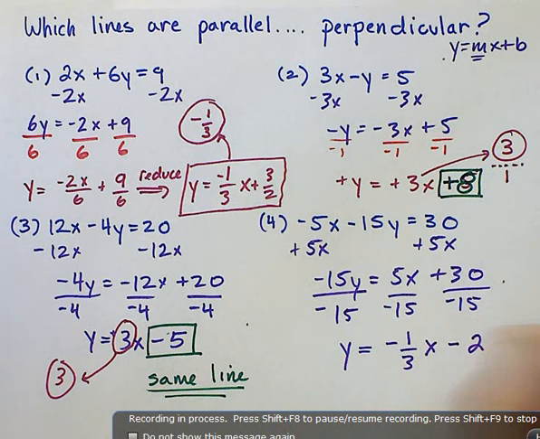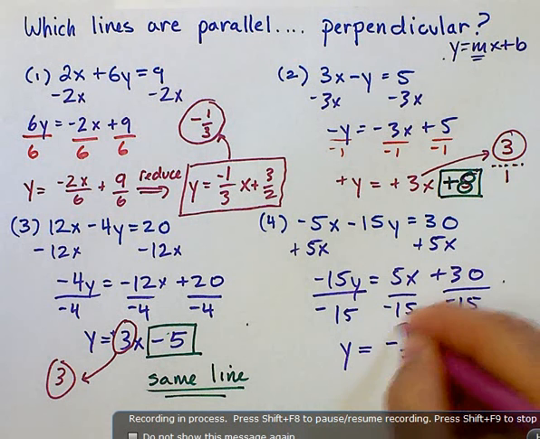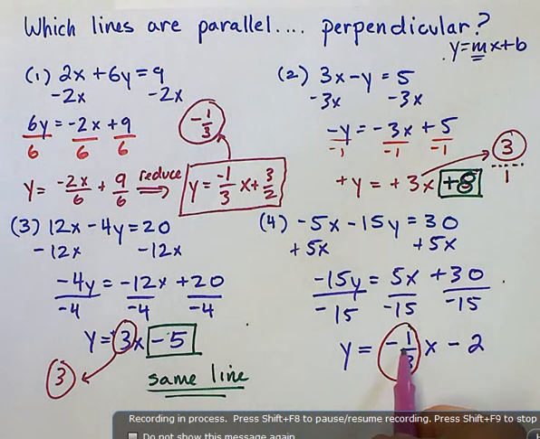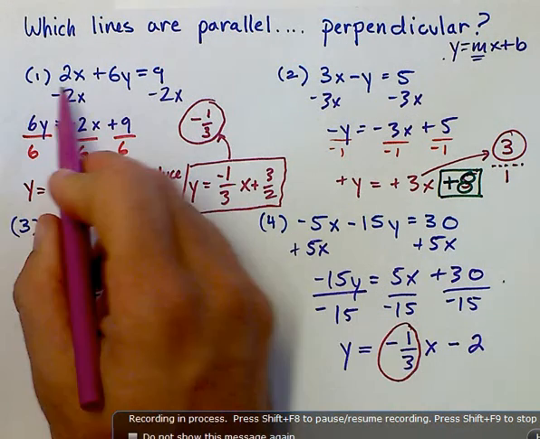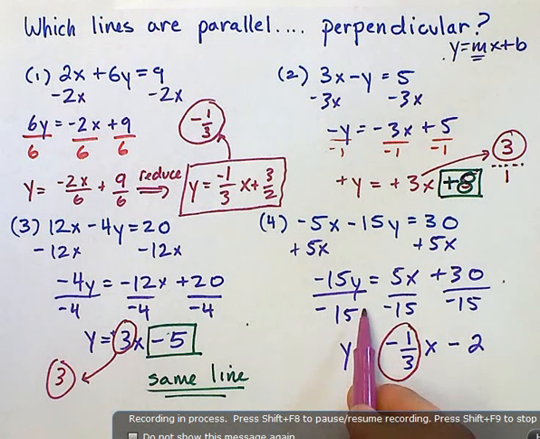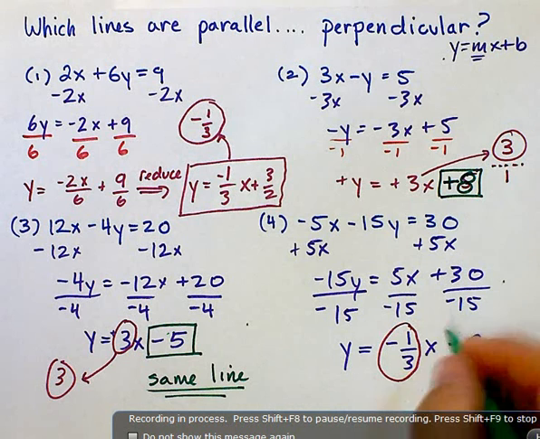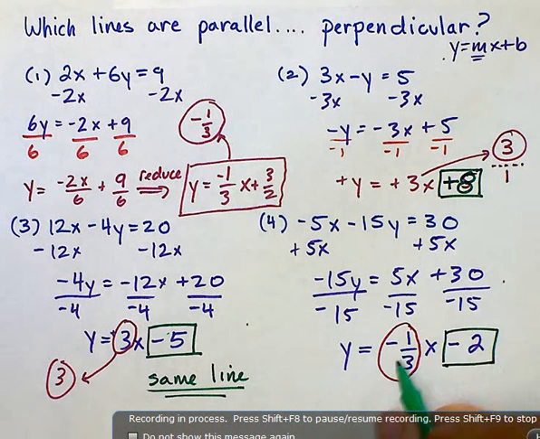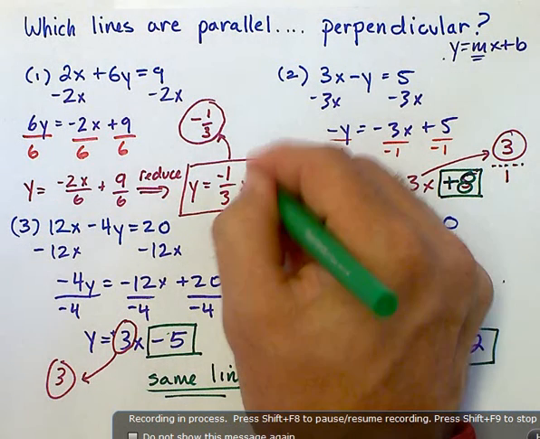Now here you have an instance where this slope is negative 1/3. That is parallel to number 1. So 1 and 4 are parallel. And the reason that's okay is because, again, the slopes are the same and the y-intercepts are different.